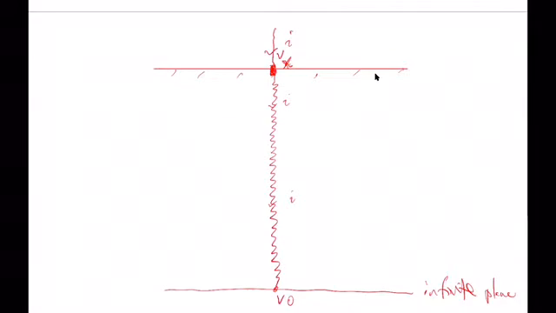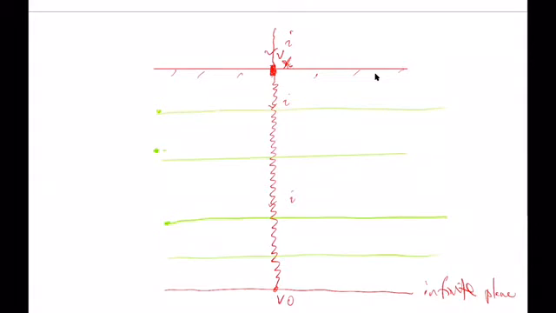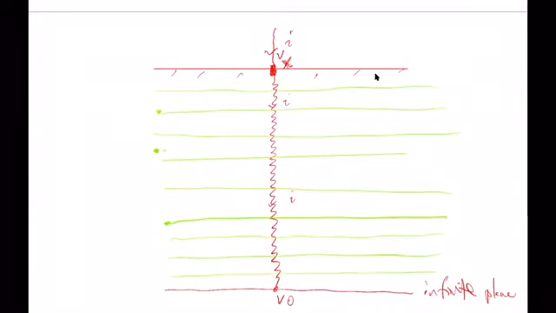So you can actually draw a voltage profile like that. Maximum voltage is at the top there, and 0 voltage at the bottom.